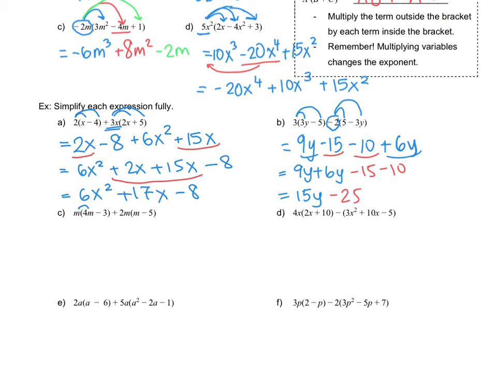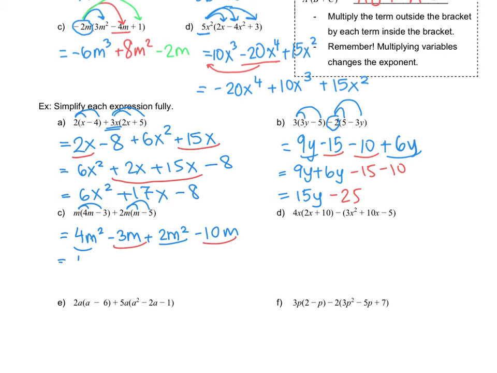So when we multiply the m in, hopefully you have 4m squared, and then m times negative 3 is negative 3m. When I do 2m times m, that's 2m squared. 2m times negative 5 is negative 10m. Now in terms of collecting, we just have the m squares and the m's. Watch the signs.